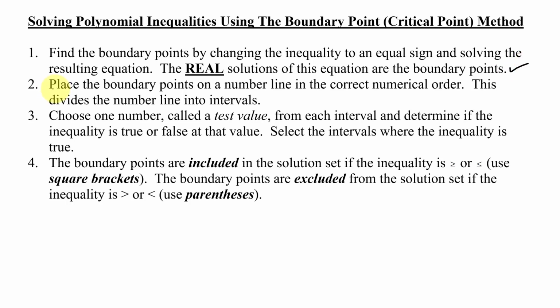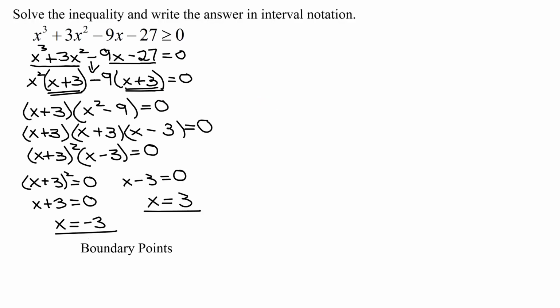Step 2 says to place the boundary points on a number line in the correct numerical order. This divides the number line into intervals. So I need a number line. So here's my number line. And my 2 boundary points, negative 3 is less than 3, so I need negative 3 on the left. So here is x equals negative 3.